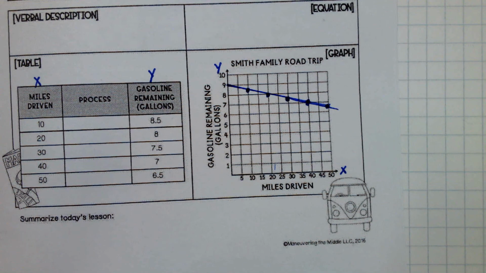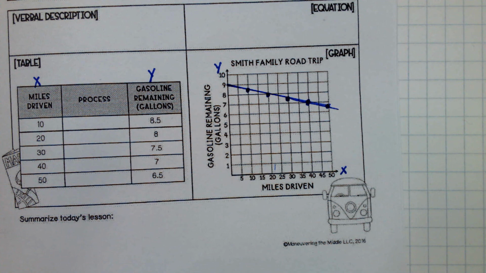How many gallons did we start off with? 9 gallons. Do you see how I figured that out? Got that from the graph. Haley, you were going to ask something or were you going to share something?